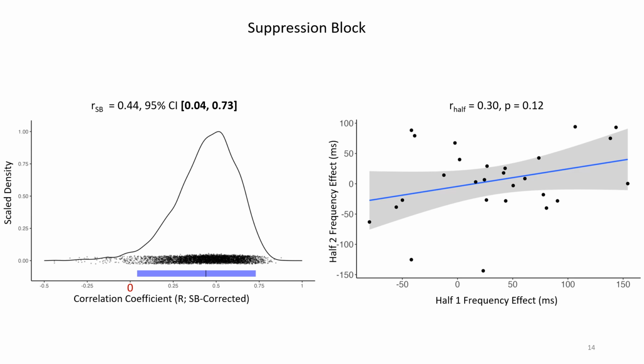In our suppression task, let's pay attention to the 5,000 estimate as well. Similar to the enhancement task, the graph plots the SB corrected correlation coefficient against the density. The fact that the 95% confidence interval remains above zero confirms that our suppression task reliably measures individual differences in suppression strength.